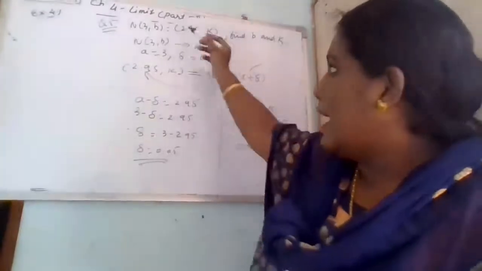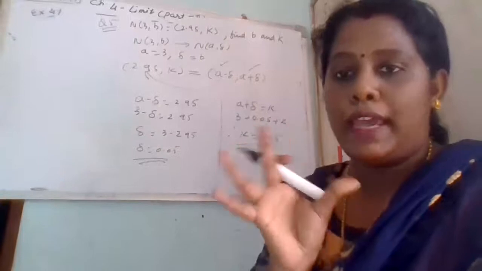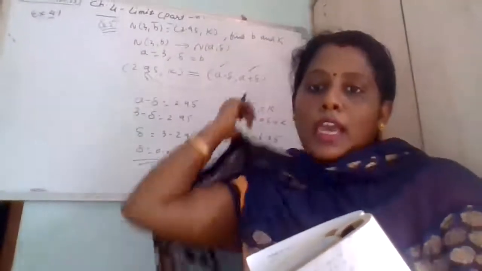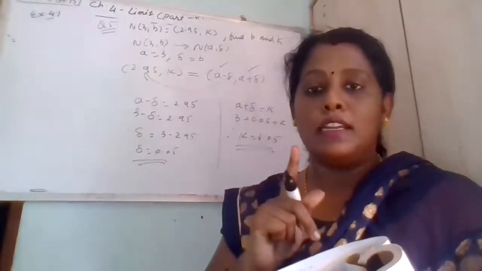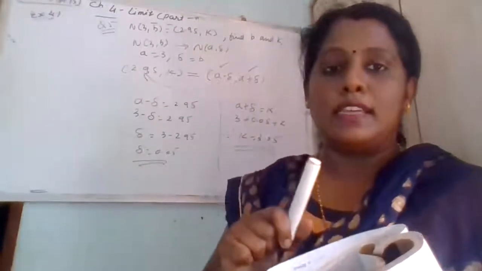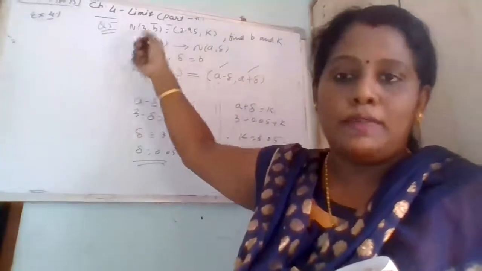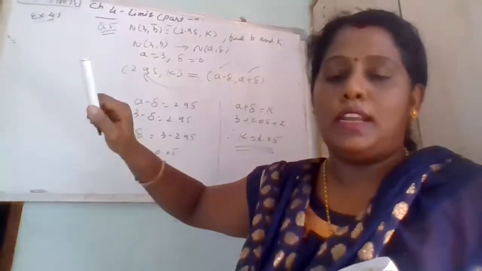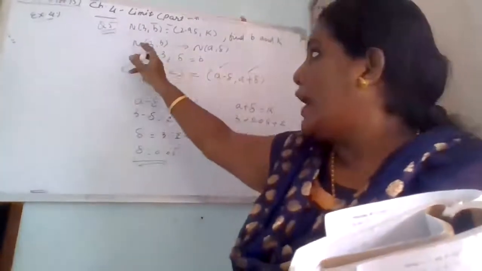See here, N comma and in bracket 3 and b is given. Whenever two numbers are given in the bracket, number or variable, anything they can be, and outside the bracket if N is there, then only we will consider it as a neighborhood. When nothing is given like this, then we will consider it as an interval, right? So here we have to take the values one by one. First, whichever neighborhood form is given, we take accordingly. First this neighborhood is given, N(3, b).